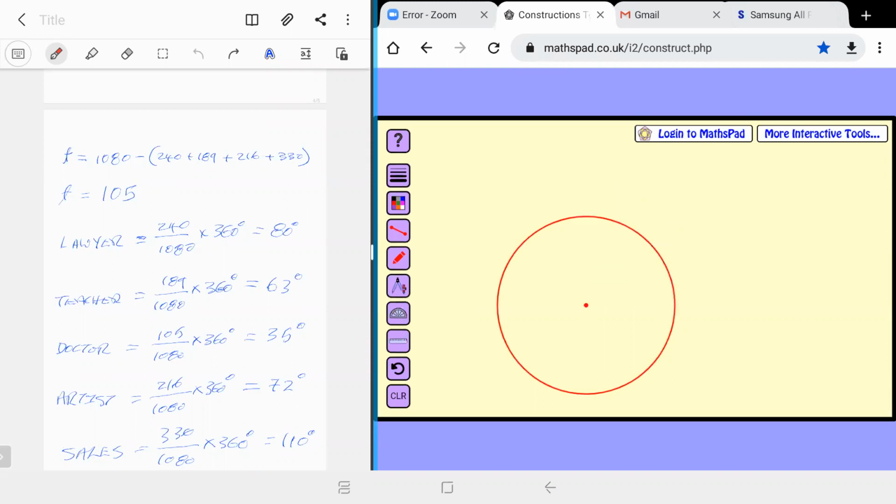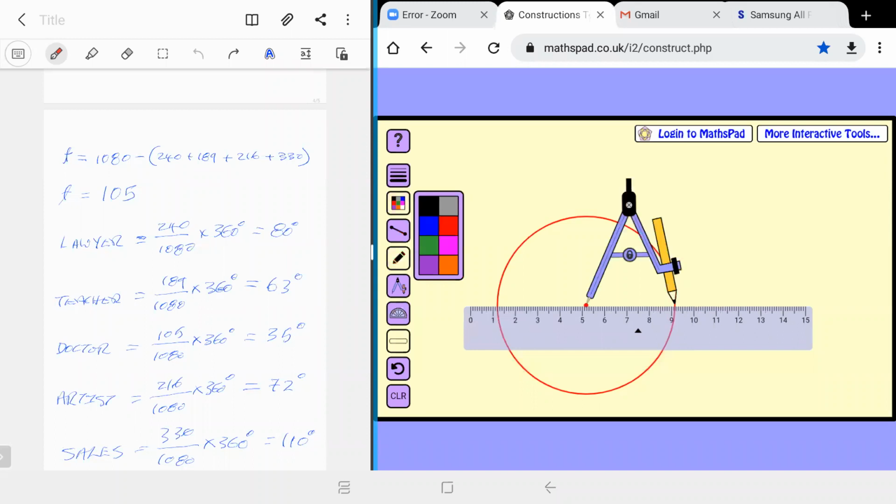All right. And I bring back my ruler and I draw one line to start. That means a different color for the lines. Let's use black. And so I use my pencil.